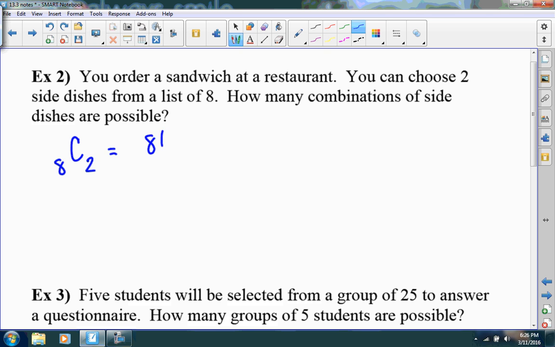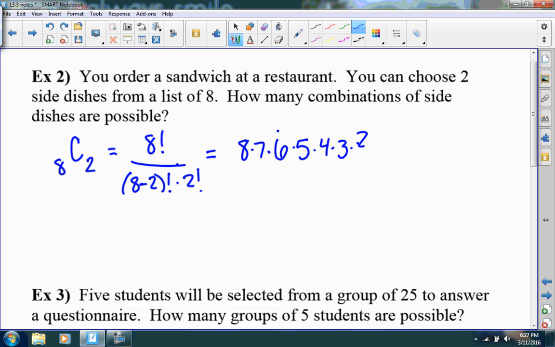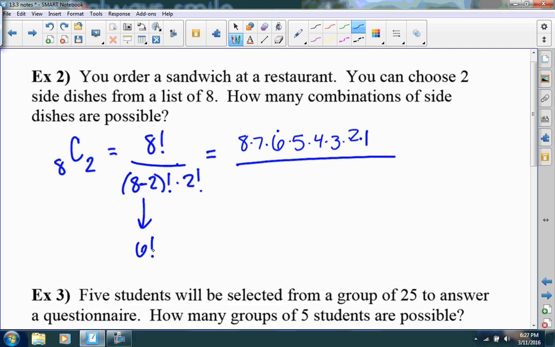So again, we'll have 8 factorial over, why does it shift like that? Over, we'll do the 8 minus 2 factorial times 2 factorial. So 8 factorial, we're going to write that all out. It's going to take a little bit of time here. And the nice thing is it will cancel. So 8 minus 2, that's going to be 6. So that's 6 factorial.